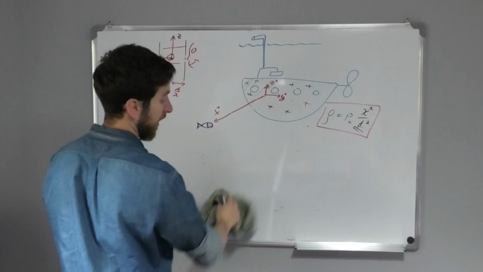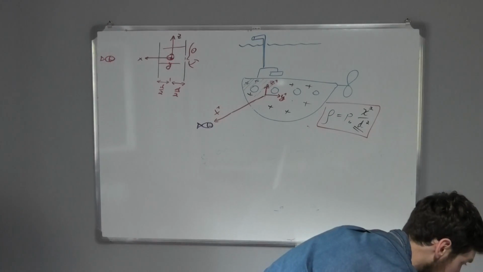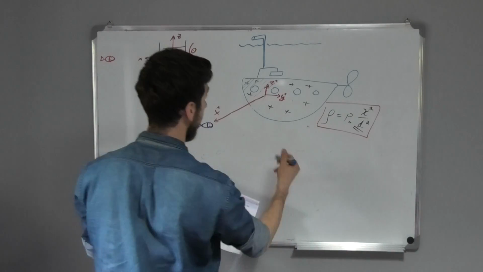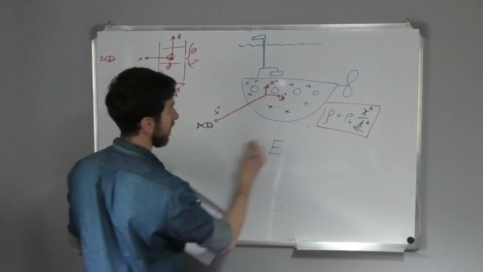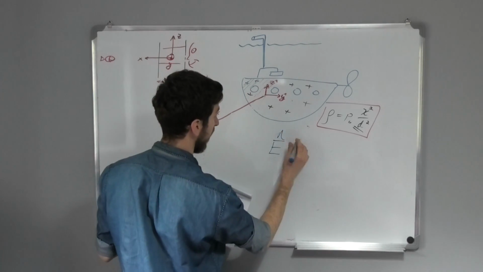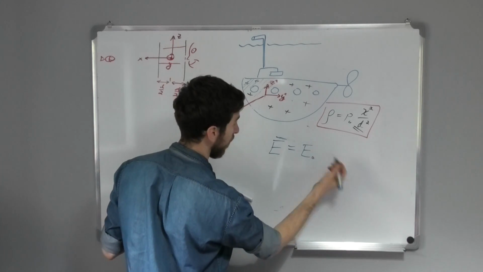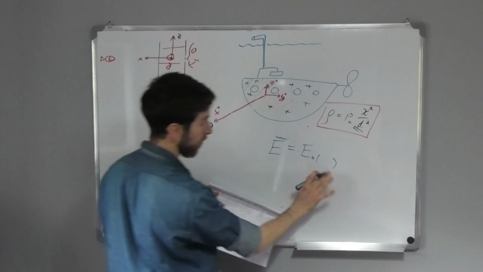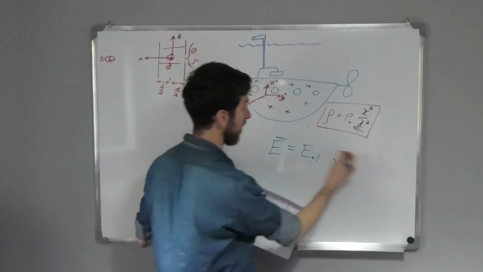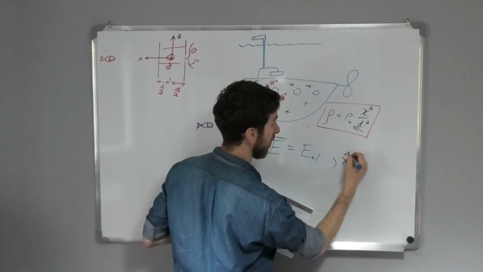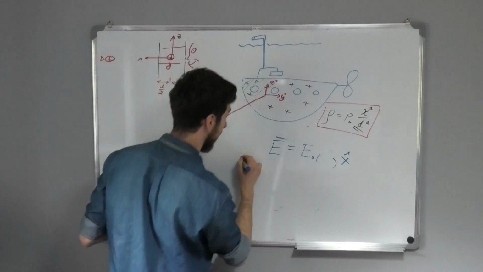E vector is equal to some magnitude, we don't know what, but it's going to be in the x direction.